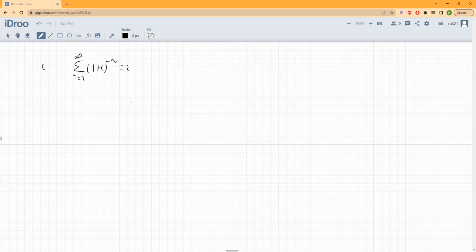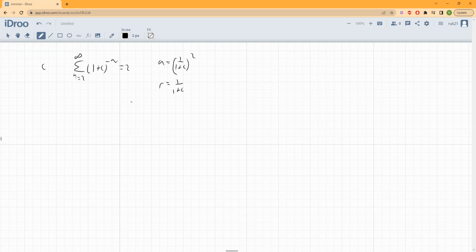So we know this is a series which converges, and what we're going to do is find our a. Our a in this case is going to be 1 over 1 plus c squared, and our r is 1 over 1 plus c. The way I got that is I just plugged in 2.